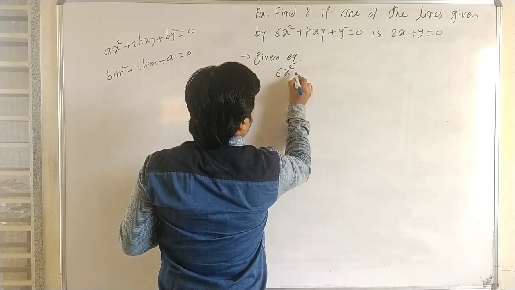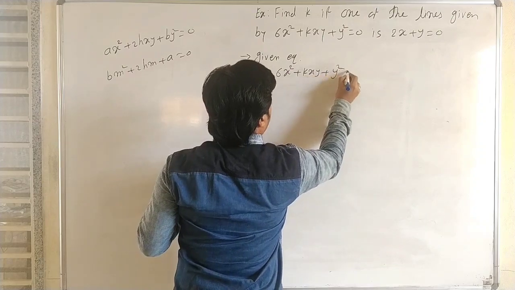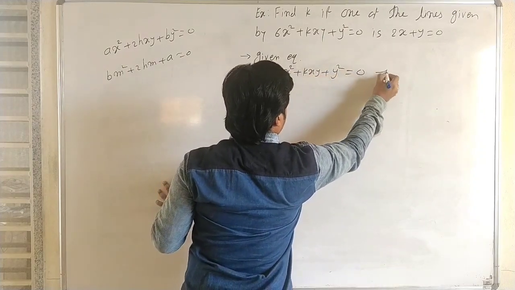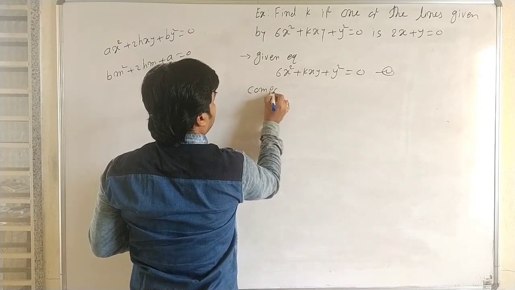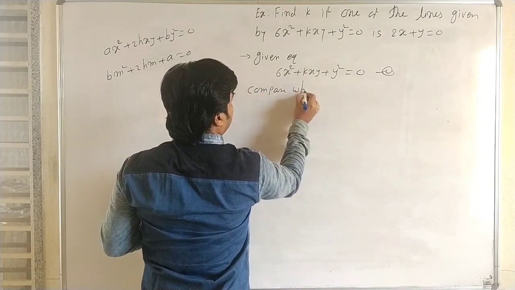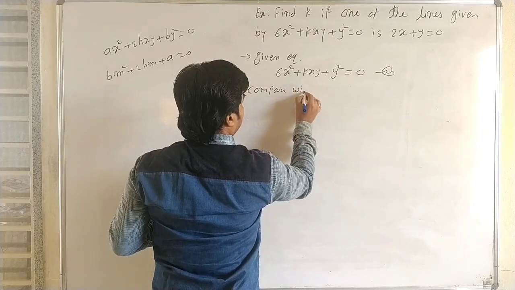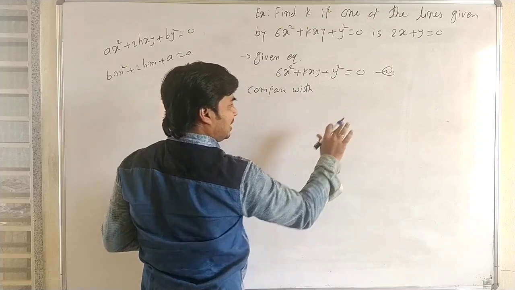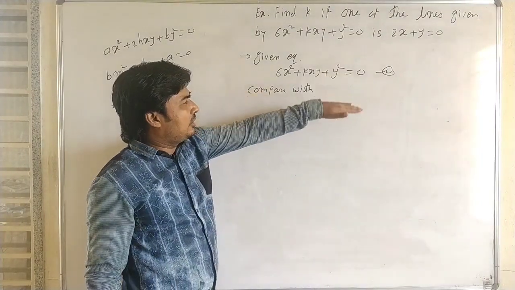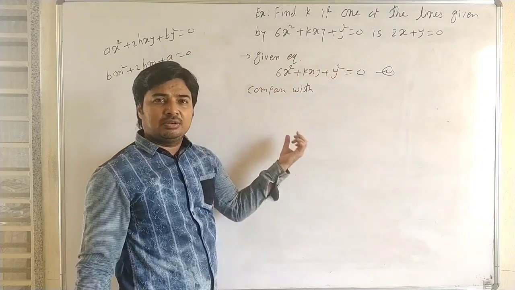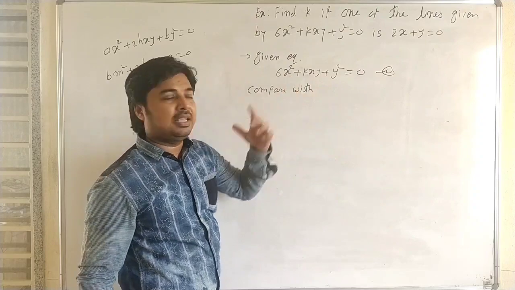Now the given equation is 6x square plus kxy plus y square is equal to 0, equation number 1. Compare with ax square plus 2hxy plus by square, then its auxiliary equation is bm square plus 2hm plus a equal to 0.